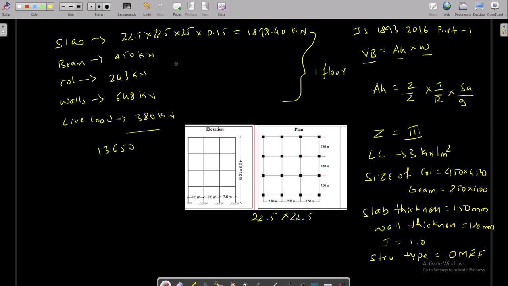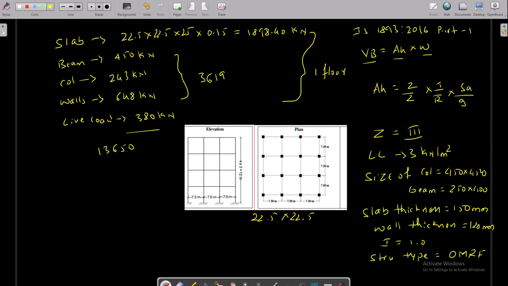So for one floor it will be 3619 kilonewtons, right? On the slab we need not consider the wall load, right? So I hope you know the manual calculation of this. If you do not know, please let me know so that I can cover that part too.